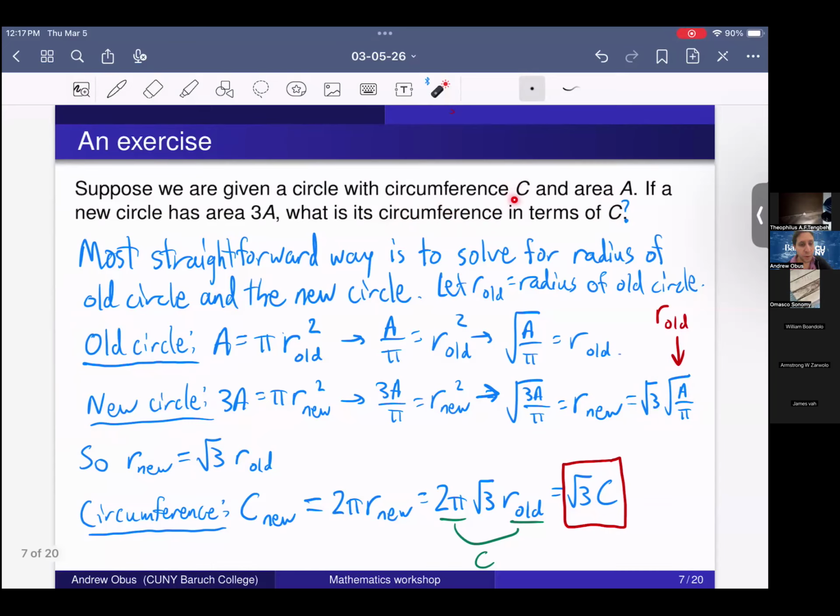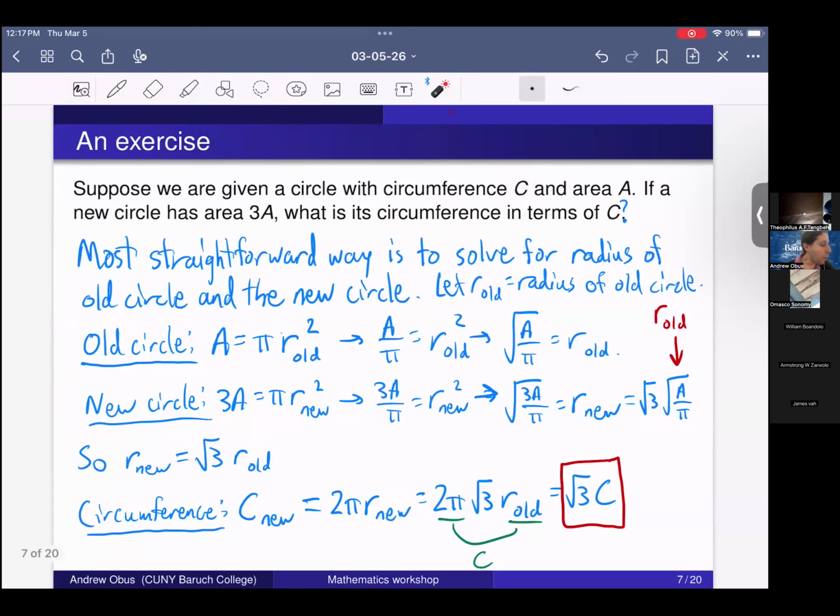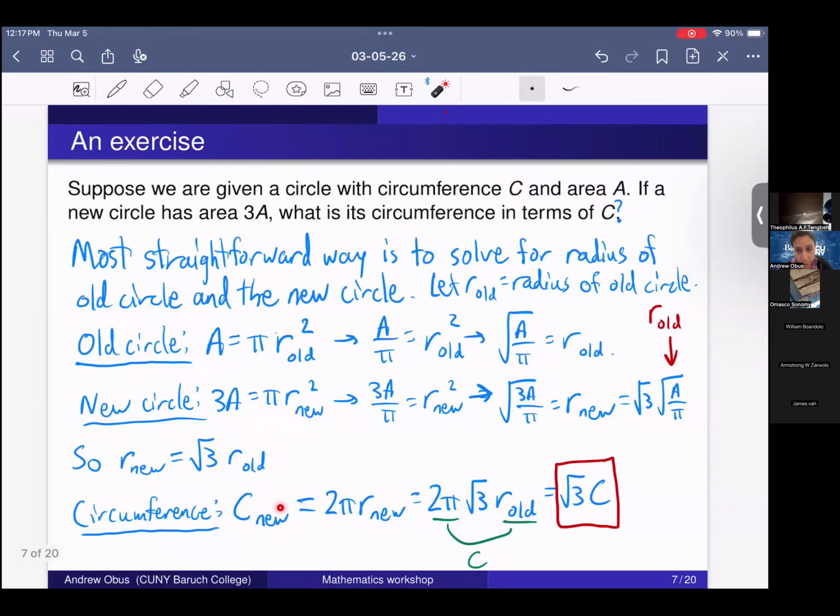The circumference of the old circle is C. What do we know about the circumference of the new circle? We need to use the formula. The circumference of the new circle is 2 pi times the radius of the new circle. We want to get this in terms of the old circle. The radius of the new circle we've already seen is square root of 3 times the radius of the old circle.